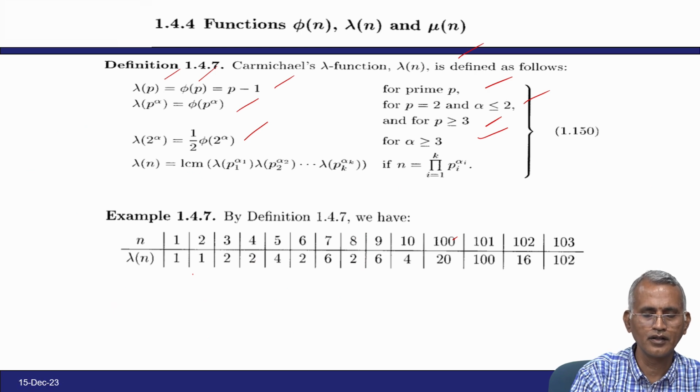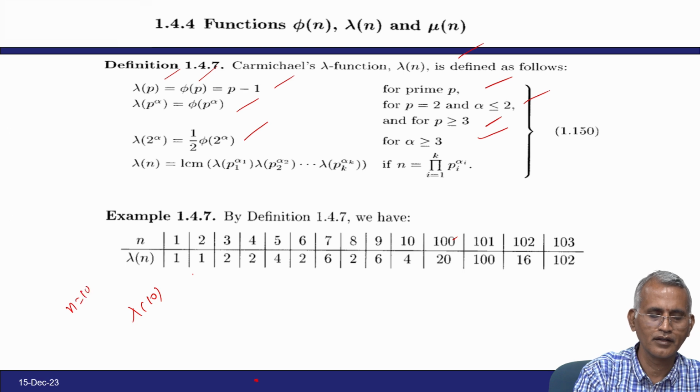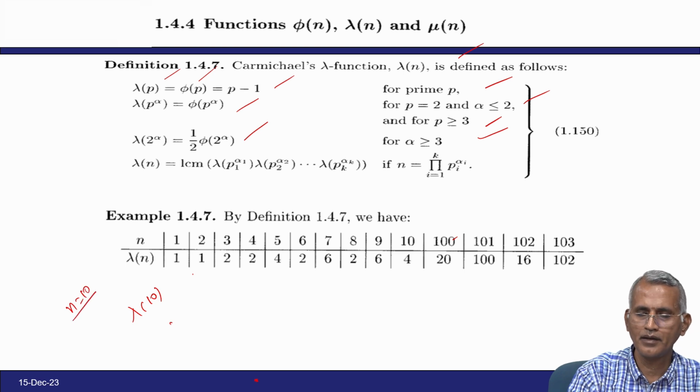Now we have the last one. Lambda of n, you take n equal to 10. n can be expressed as a product of primes, so 2 into 5. So lambda of 10 we can write as the least common multiple of lambda of 2 power 1 and lambda of 5 power 1.